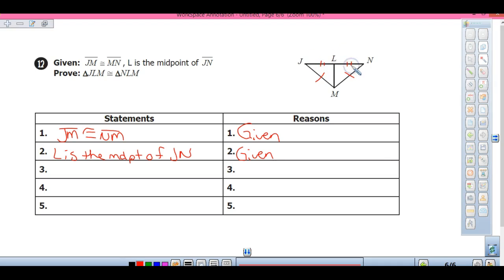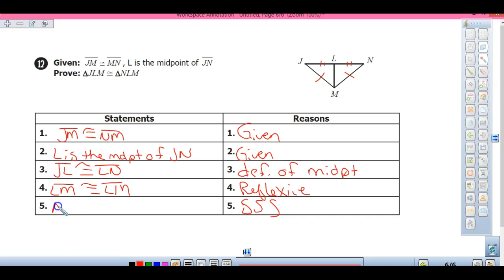JL is congruent to LN. Why? There you go. Definition of a midpoint. What else can we say? Yeah, now we're catching on. LM is congruent to LM by reflexive. Why are these triangles congruent? SSS. Triangle JLM is congruent to triangle NLM.